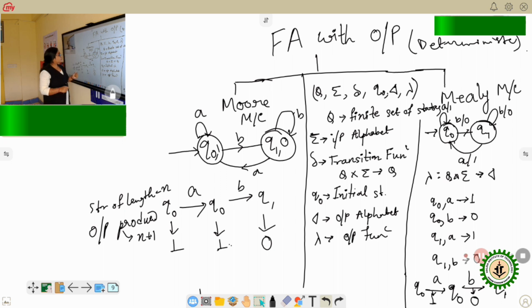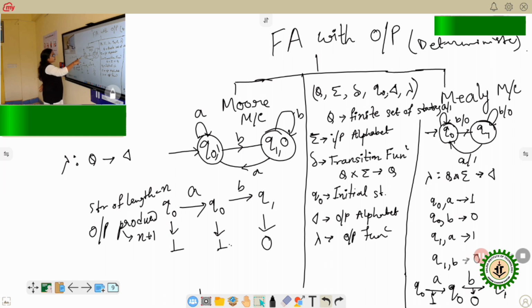So now first we will see what is Moore machine. This is the diagram of Moore machine. There are basically two states, Q0 and Q1. For Moore machine, the output function lambda is Q to output alphabet.